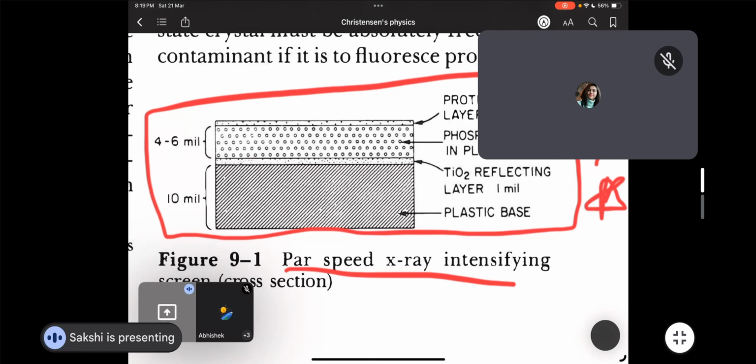Detail screen will have a lesser dose or higher dose? Higher dose, right? Higher detail means higher dose.